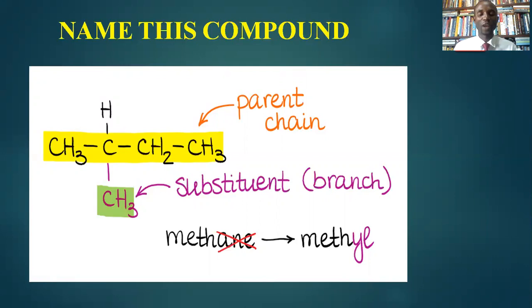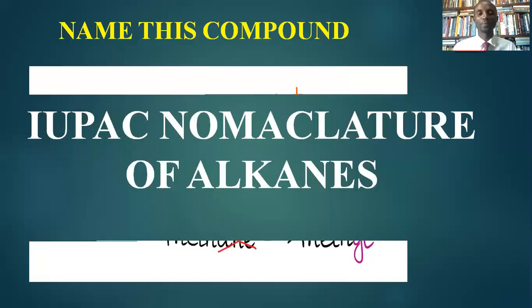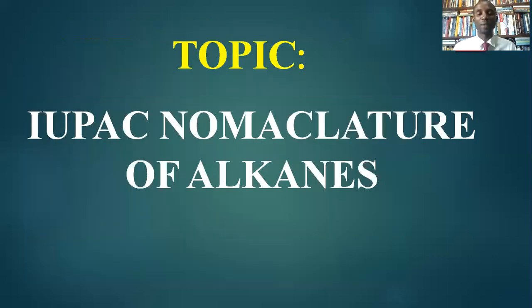IUPAC nomenclature is how to pronounce or name organic compounds the IUPAC way. IUPAC nomenclature will be the topic for today's class. We focus on the IUPAC nomenclature of alkanes today, because we have an IUPAC way of naming alkanes and several organic compounds.